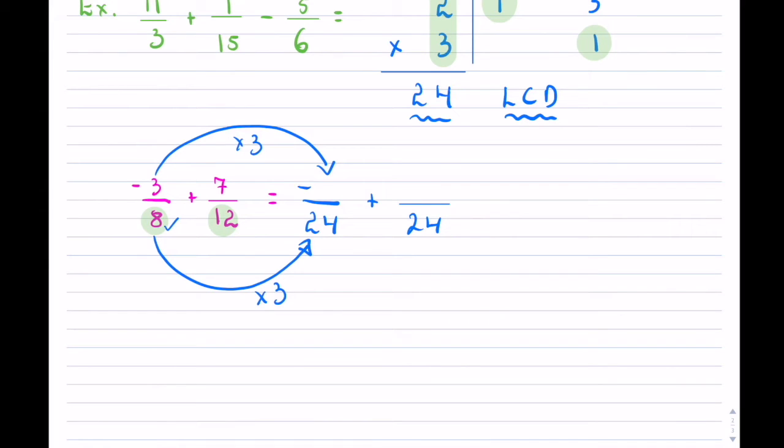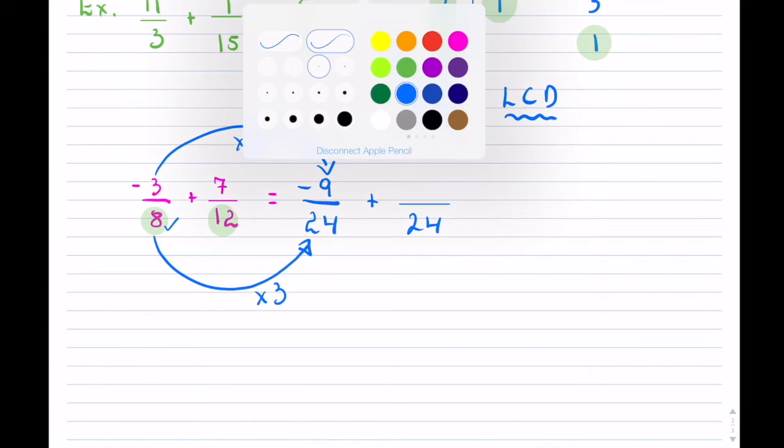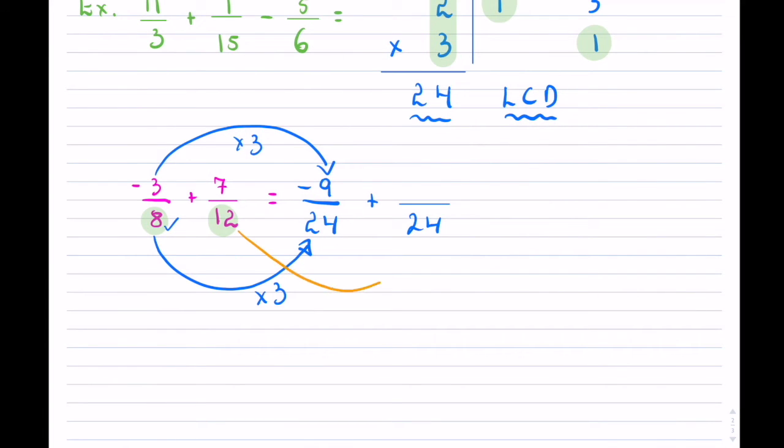So that's going to give me negative 9. And now for the 12, of course, it's going to be a different multiplier. So 12 goes into 24 2 times. And now you're going to take the 7 and also multiply it by 2. And that will give you 14.